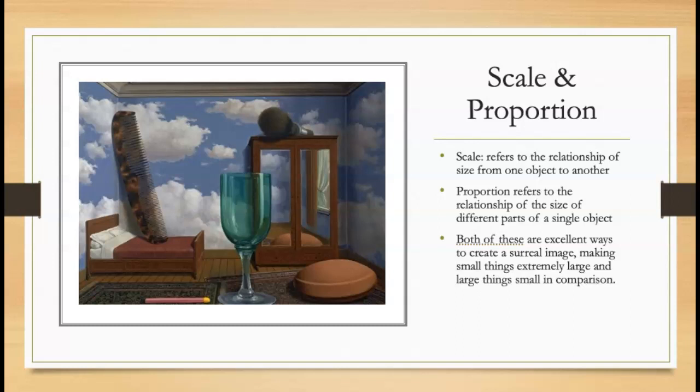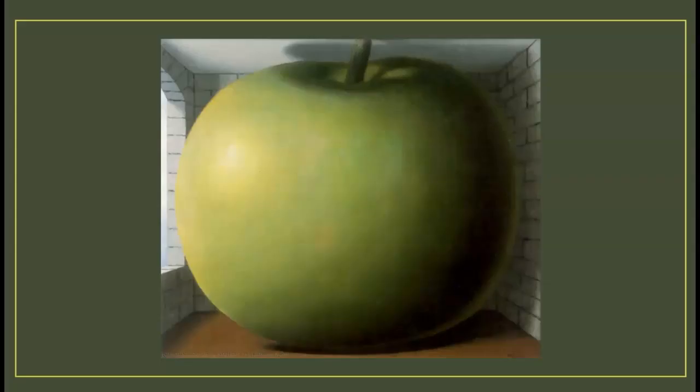But instead, he decided to place them in a bedroom, and he messed with the scale of all of these objects next to the bed and the wardrobe and then the room itself. Same with this apple. He blew up the apple quite a bit and made it the entire size of the room. So this is one of the ways that surrealists use scale.